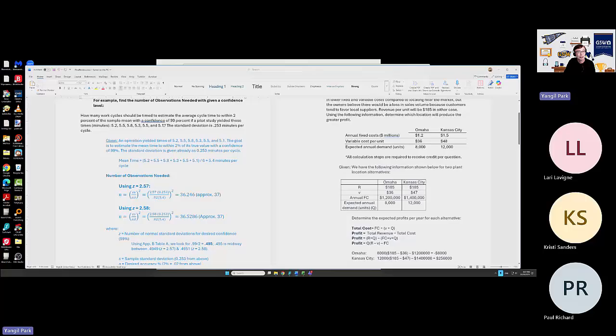They don't call it an observation, they call it cycles, which is pretty much the same thing. So how many work cycles should be timed, in terms of a random sample, so that it can be within 2% of the sample mean?